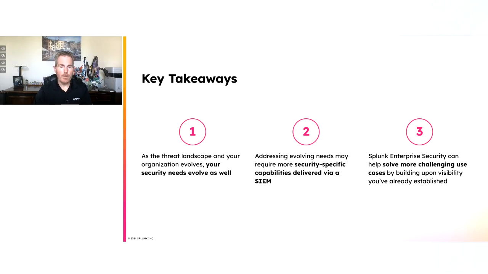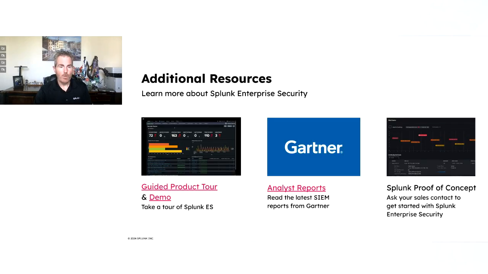And then we also want to be able to solve more of the challenges by using security use cases, to be able to increase your visibility, whether your data is in cloud, on premises, or a hybrid of both. Those things need to be able to be addressed, and Splunk Enterprise Security can work with that right out of the box.